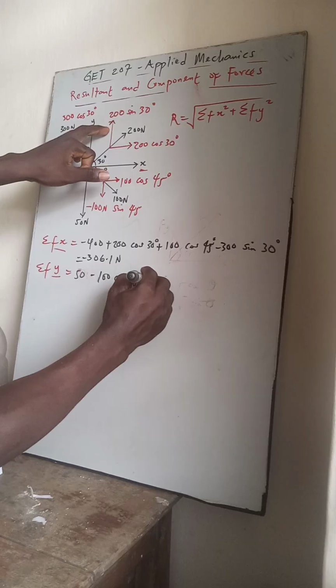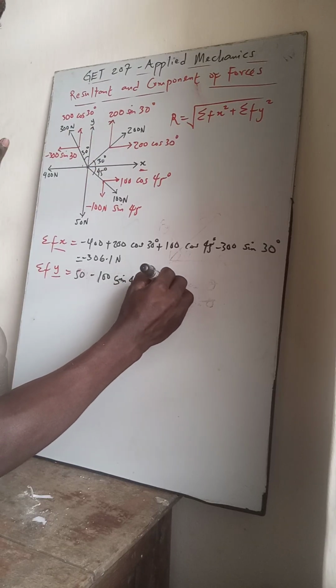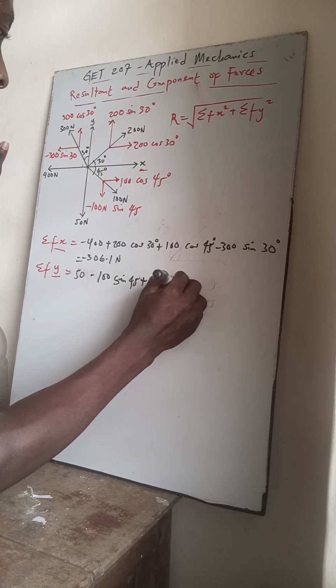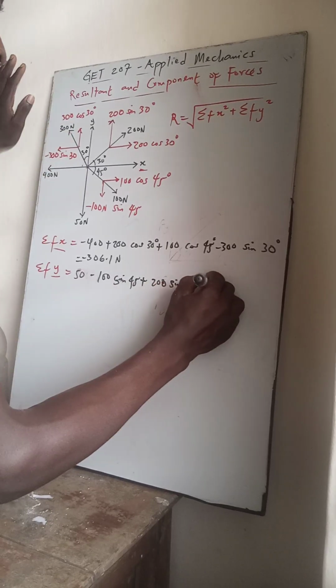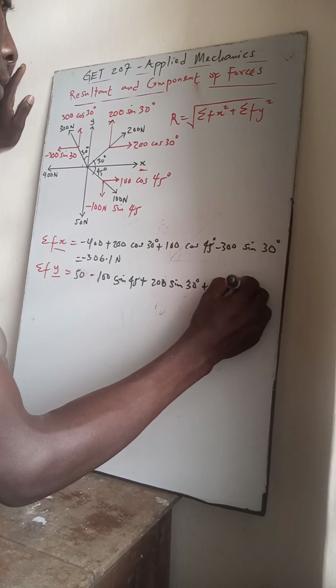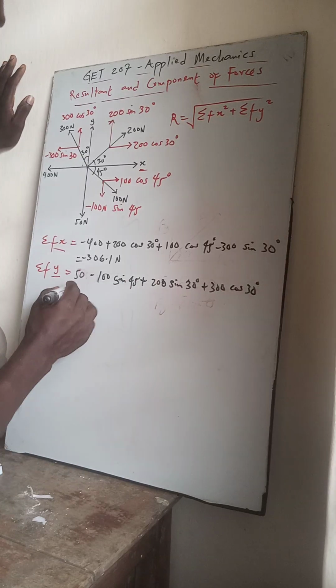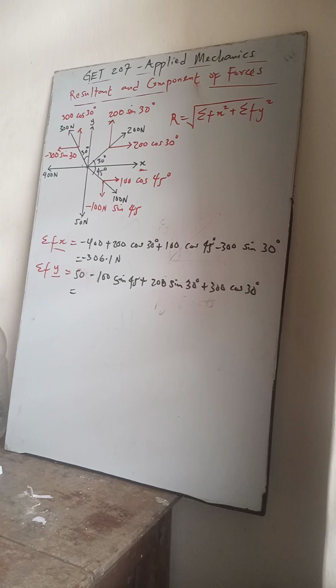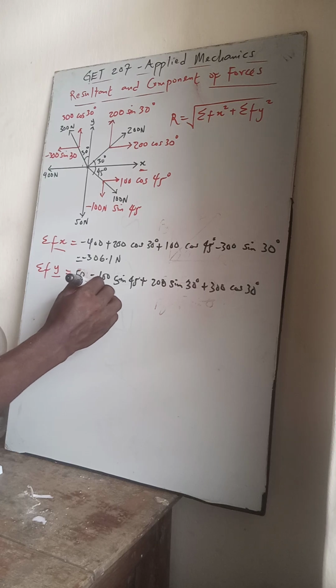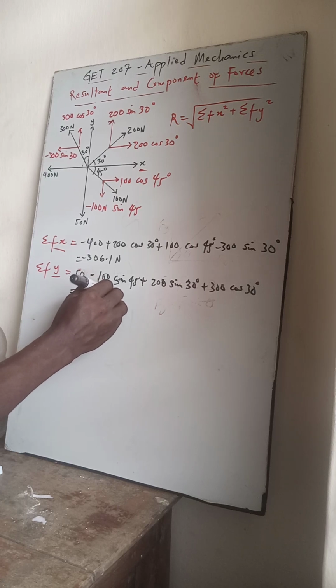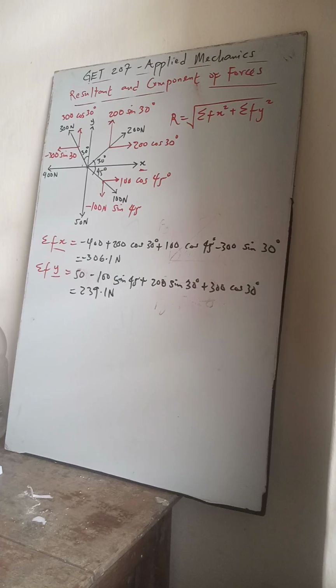Then we have plus 200 sine 30. Then here we have plus 300 cos 30. So after you calculate that, your answer should be 239.1 Newton.